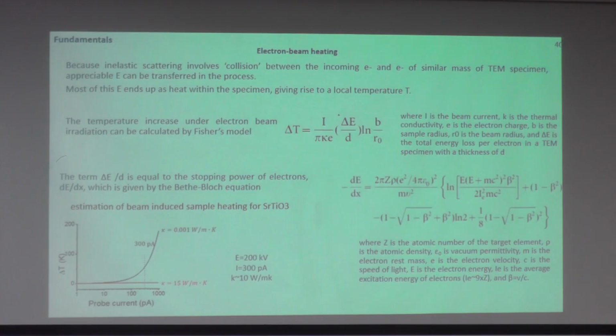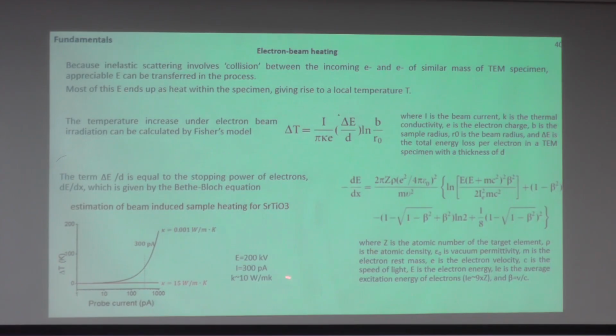This is the difference in temperature, showing the temperature rise in the specimen. This is the thermal conductivity of the specimen, which is one of the main factors. Also beam current, but if you fix beam current and electron beam energy, we can vary a little bit the thermal conductivity of strontium titanate, which is on the range of 10 watt per meter kelvin.